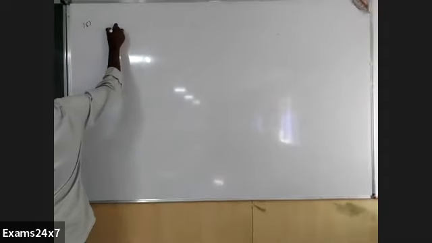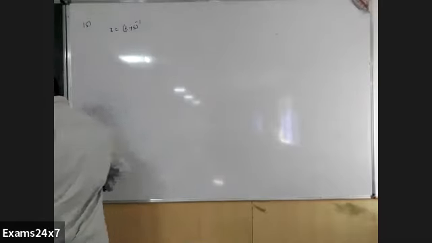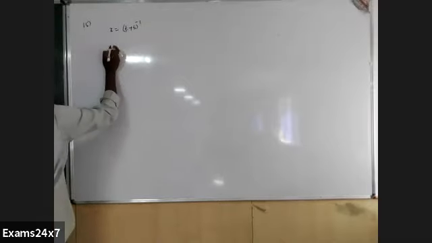Given that the distance x in time t according to the relation x is equal to (t plus 5) whole to the power minus 1. What did he ask you? The acceleration of the particle is proportional to what? To find acceleration, you need to differentiate this twice.